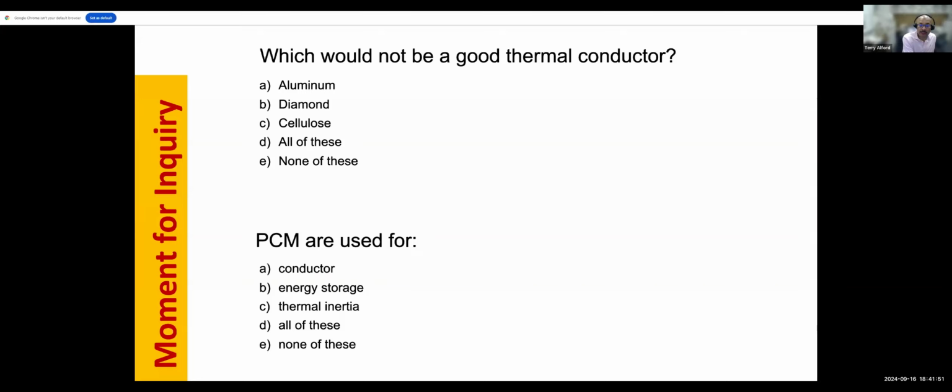Let's take 20 more seconds. Okay, in the poll.